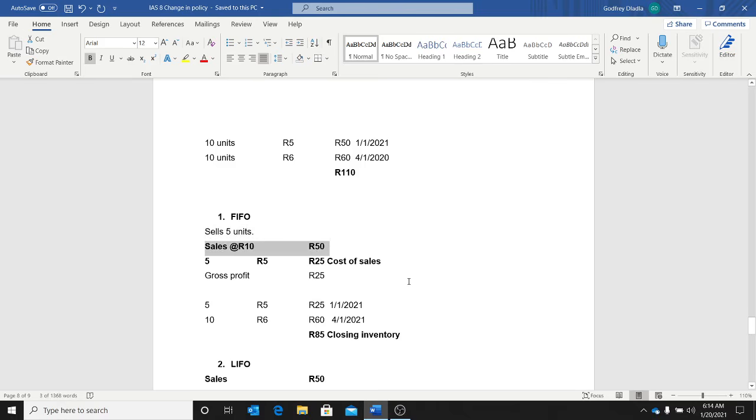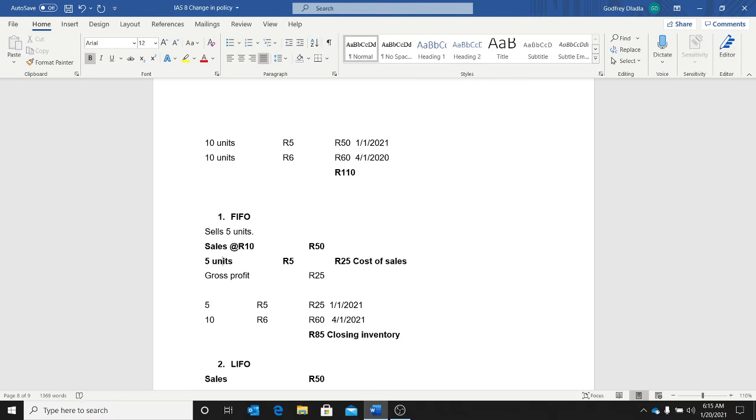Right. Now, since you've sold 5 and the first in are the first out, that means the 5 that you are going to sell will come from this batch here, right? The one that I've highlighted. So your cost of sales is 5 units at 5 rand, because you've sold 5 units.